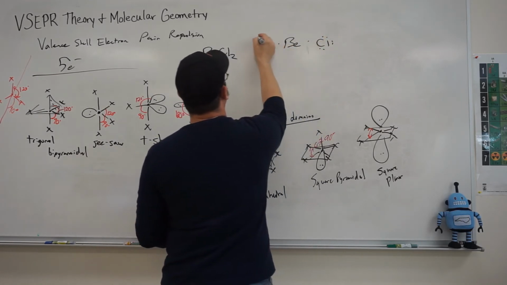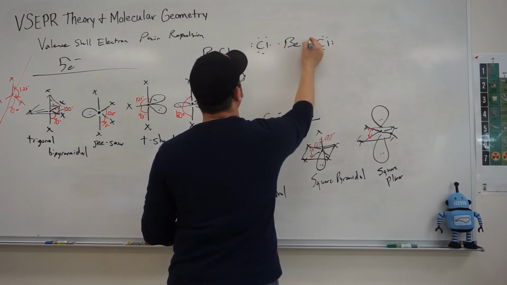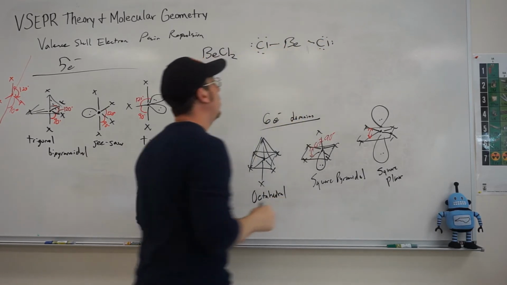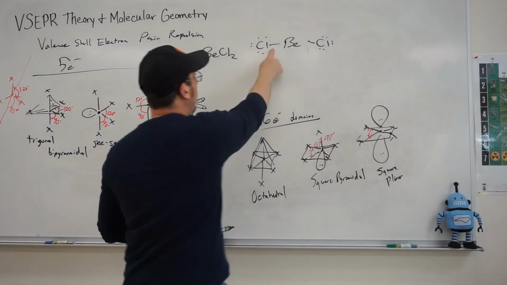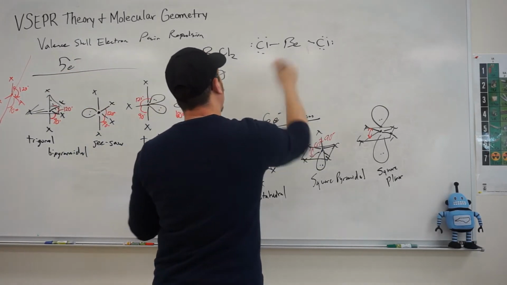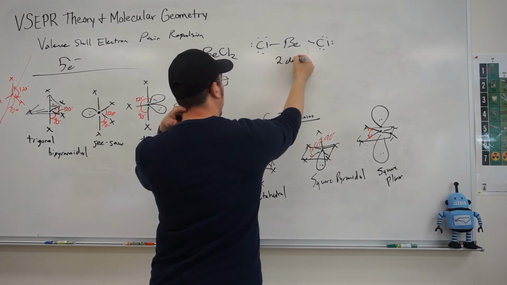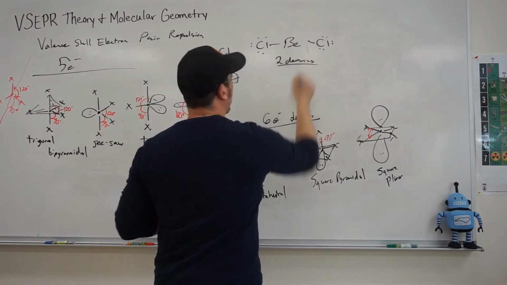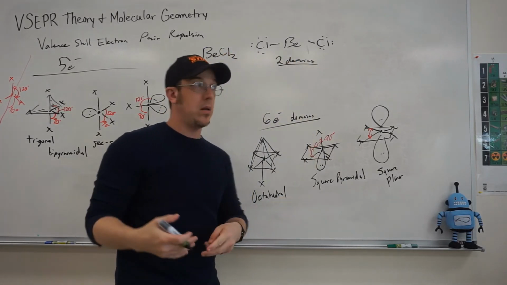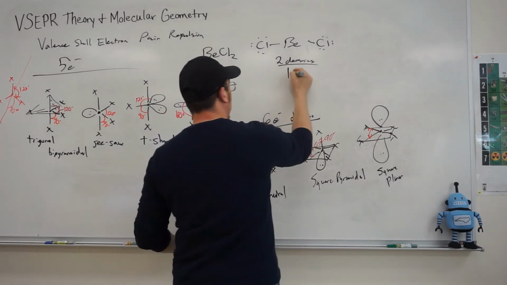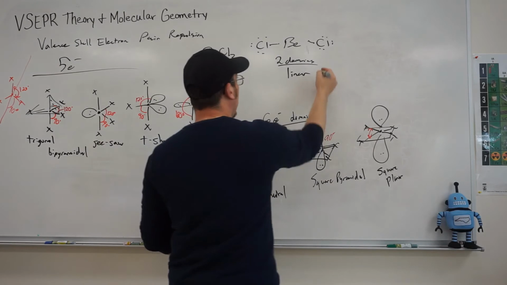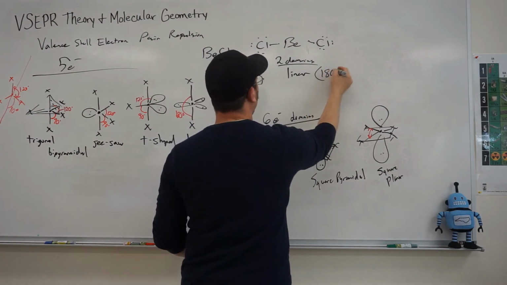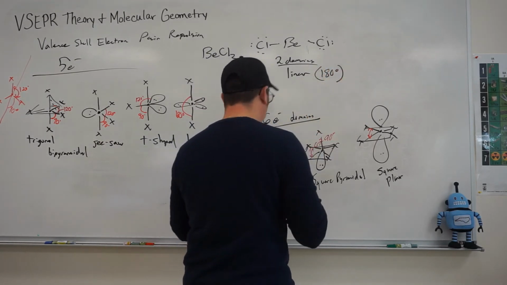So you need to draw your dots around the chlorine here. So you have the Lewis structure. How many domains does this have? Well, we have one here and one there. So that's 2 domains. So going back to do 2 domains, that is a molecular geometry that is linear. So this has a linear geometry, and the bond angle would be 180 degrees.